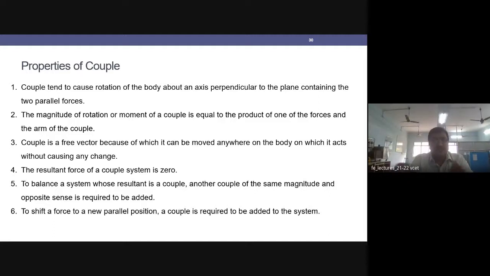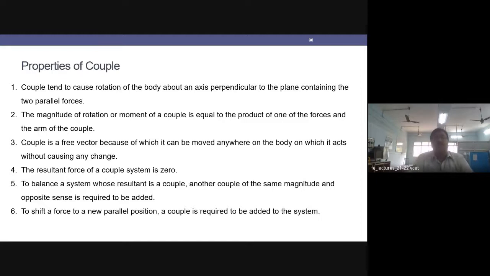If in an entire system the resultant comes to be a couple, then to keep that system in equilibrium, I'll need to add a counter couple, which is of the same magnitude as the couple but in the opposite direction. If my system's overall couple is moving clockwise, then I will add an anti-clockwise couple, so that they cancel each other out and the system remains in equilibrium.